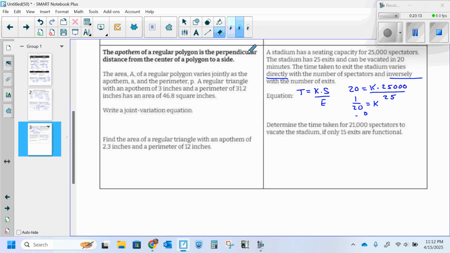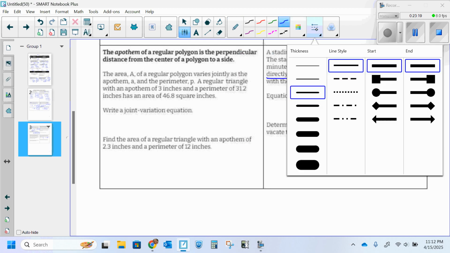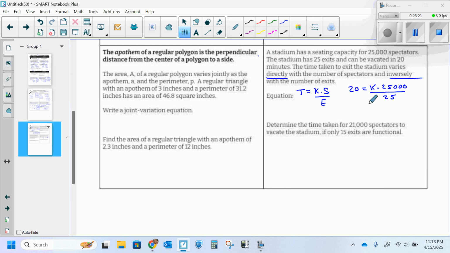Sorry. So that's 2 over 100, which is 0.02. Don't forget to write the equation.